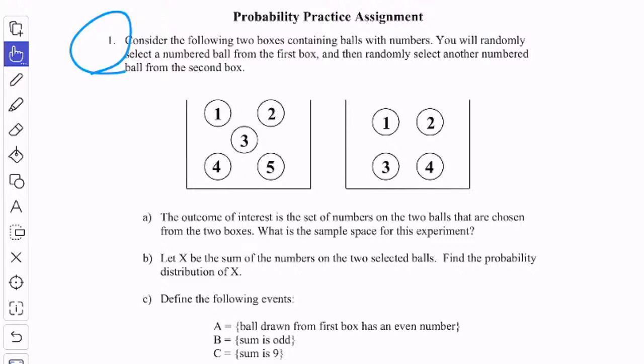And then the rest of the class will be base formula and rules of means and variances. So let's see if I can leave you for a few minutes to work on at least A and B. So try these.